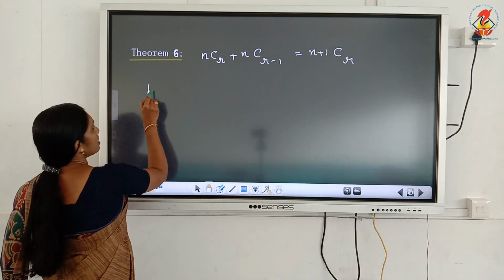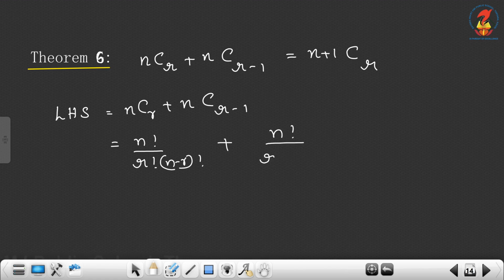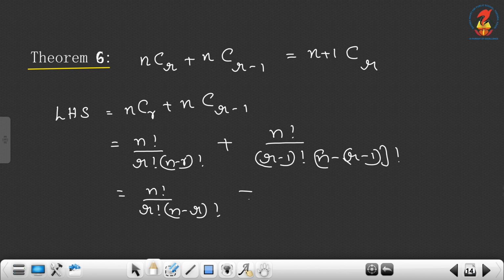So we can prove this taking LHS. nCr plus nC(r minus 1). nCr is n factorial by r factorial (n minus r) factorial, plus n factorial by (r minus 1) factorial (n minus (r minus 1)) factorial, that is n factorial, r factorial, (n minus r) factorial, plus n factorial, (r minus 1) factorial, and (n minus r plus 1) factorial.